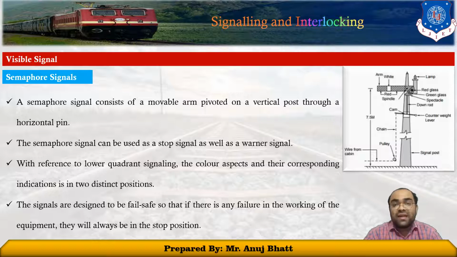These signals are designed to be fail safe, so that if there is any failure in the working of the equipment, they will always be in the stop position, so that no accidents can happen. The signals are operated by hand levers or buttons located in a central cabin, which is normally provided near the station master's office.